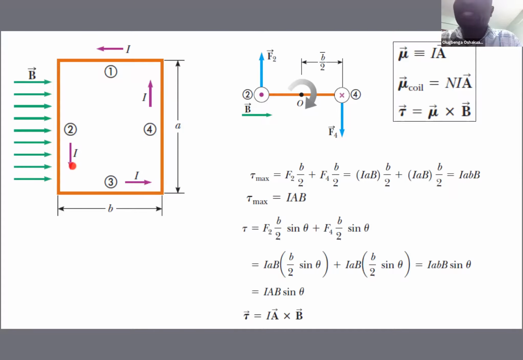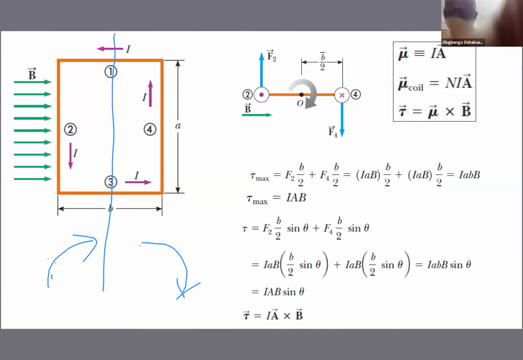When the force is pushing part 2 up, the same force will be pushing part 4 down. So you should experience a torque.